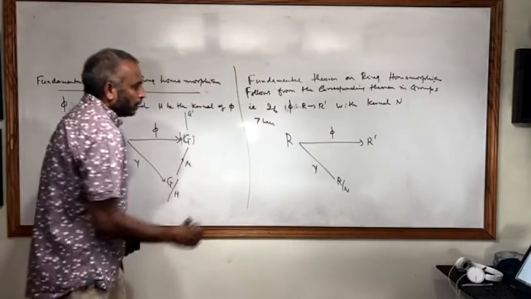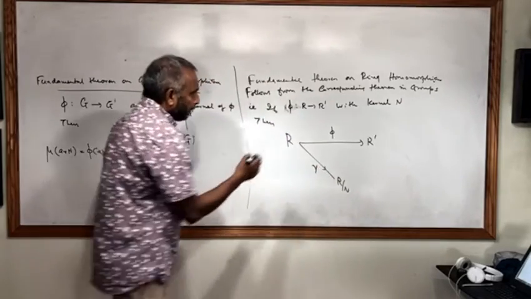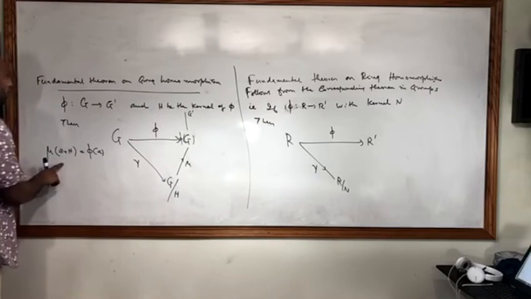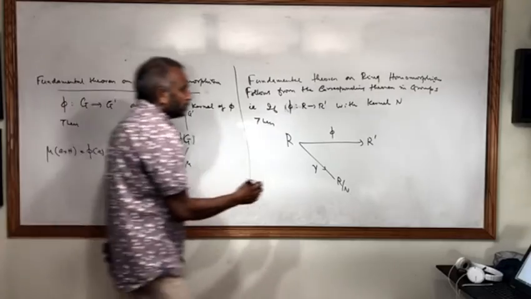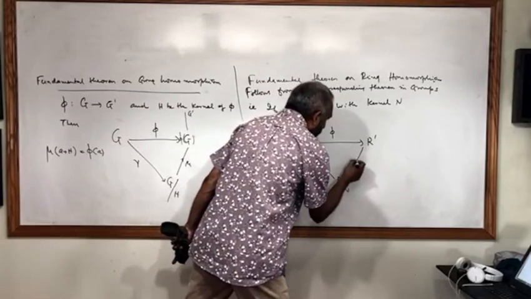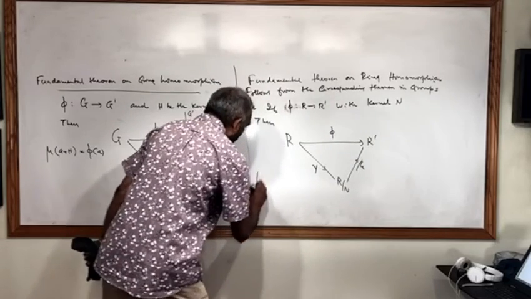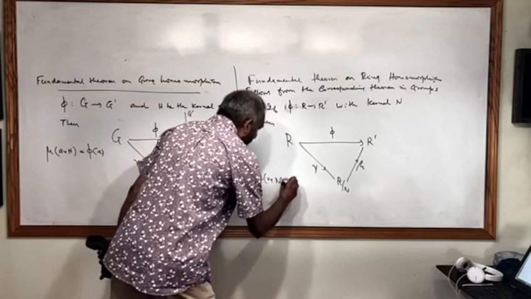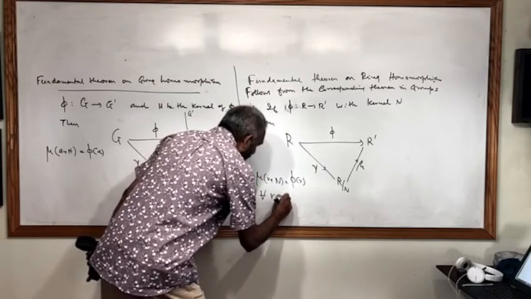There is a ring homomorphism, and the definition of phi and gamma are exactly the same as in groups. So this map holds good. This is going to be mu. So mu of r plus N is equal to phi of r for all r in R.